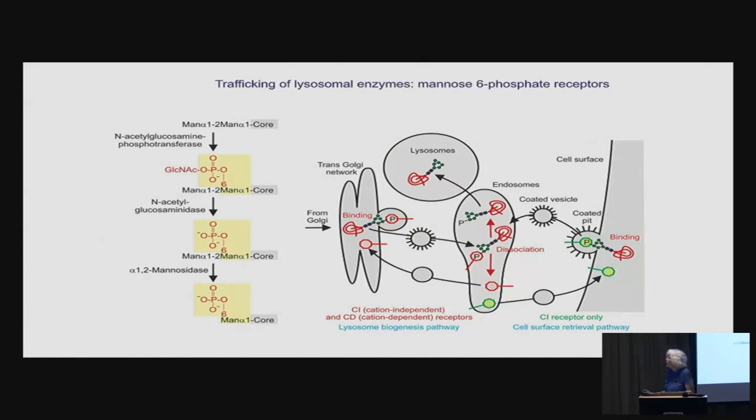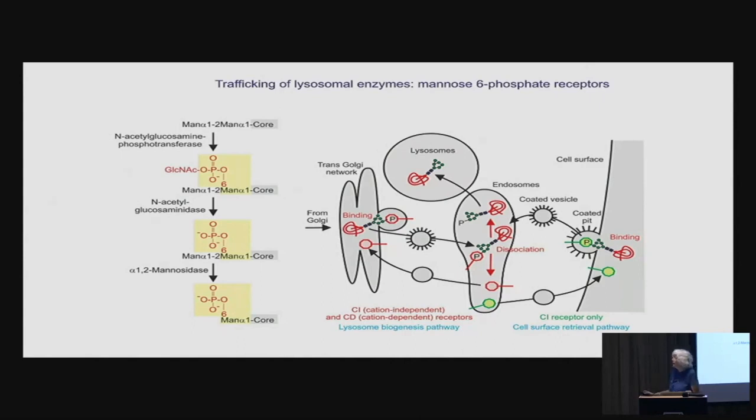And so the lysosomal enzymes, their oligosaccharides are modified by two different enzymes. An N-acetylglucosamine phosphotransferase adds an N-acetylglucosamine phosphate onto the mannose core, and then an N-acetylglucosaminidase takes off the N-acetylglucosamine to leave this mannose 6-phosphate marker.